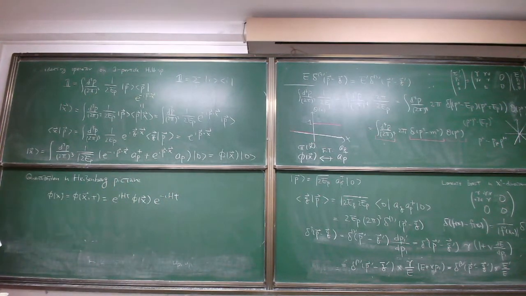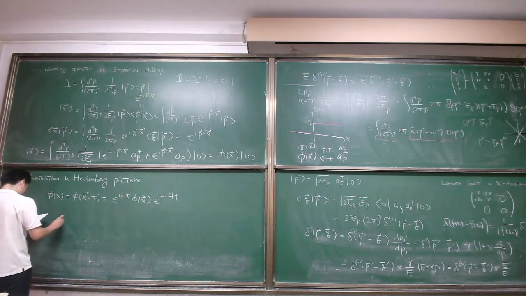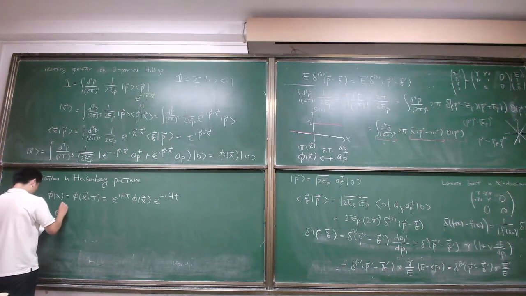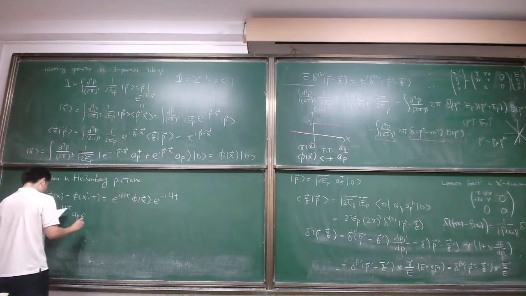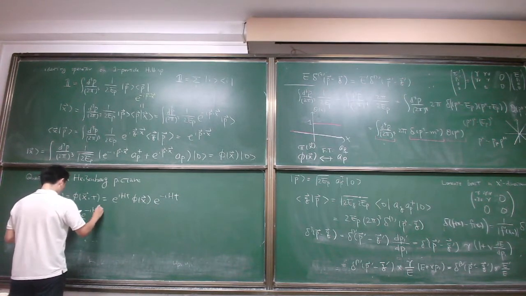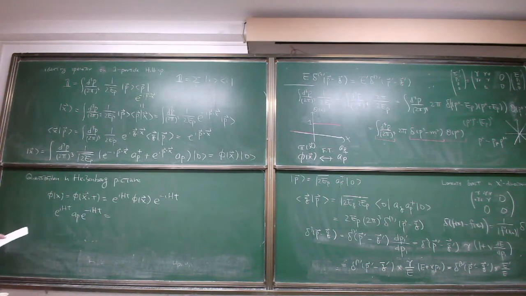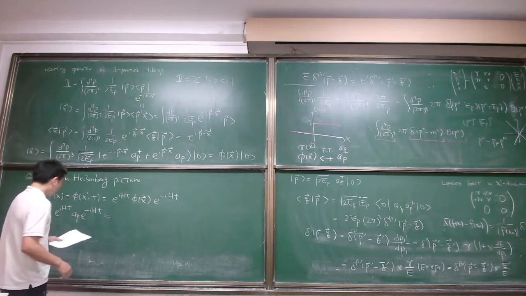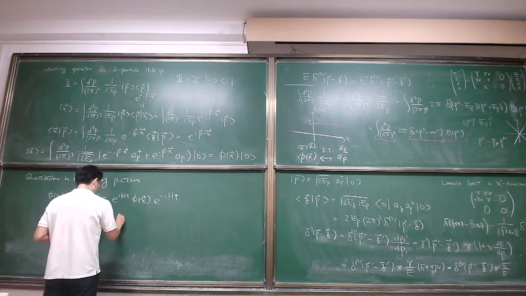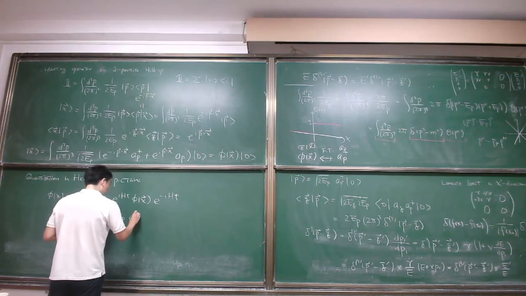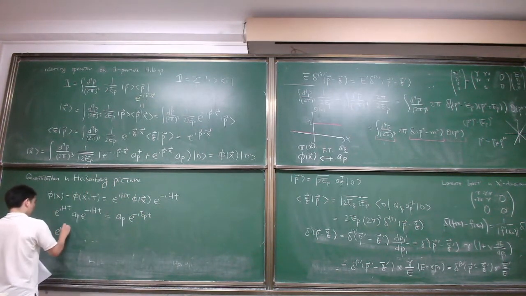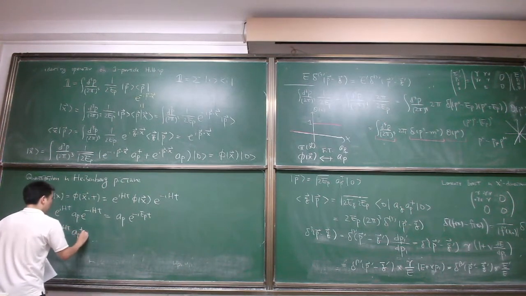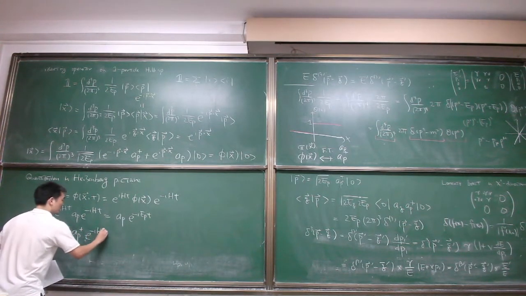And then we do the same thing for the harmonic oscillator. That's why I reviewed the harmonic oscillator. E to the i H t. And if you use the Heisenberg equation, it's a natural consequence to have this one.